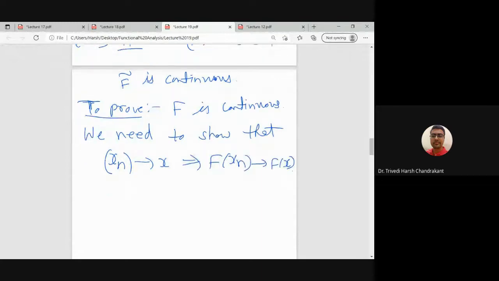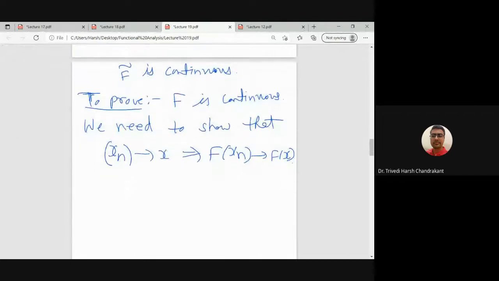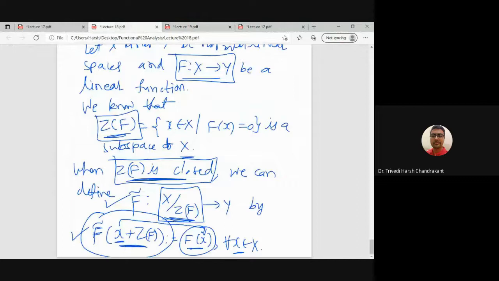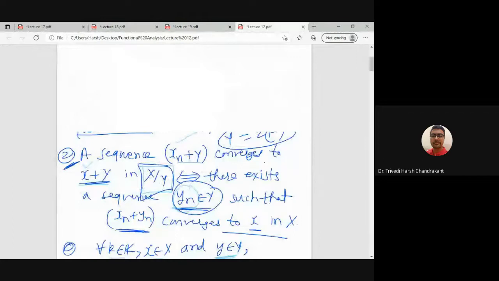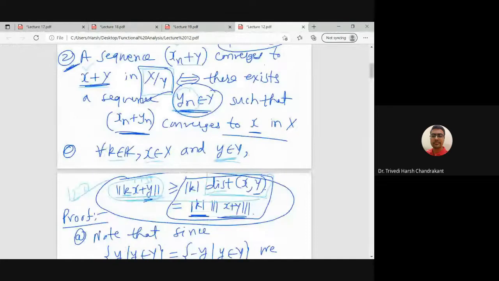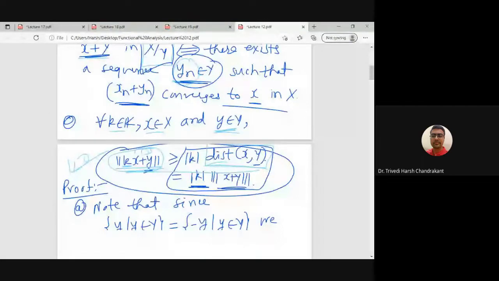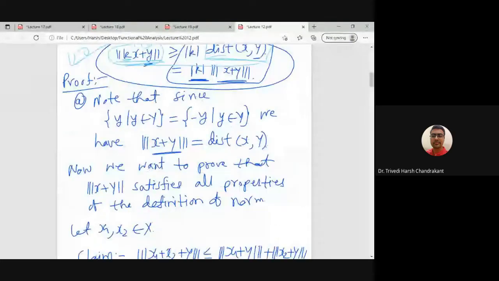But what we know is that f tilde is continuous, right? So now if we start with the condition xn converges to x, which is what we want to prove, then by this result, whenever xn is a sequence which converges to x, we will have that this norm is greater than or equal to the quotient norm.